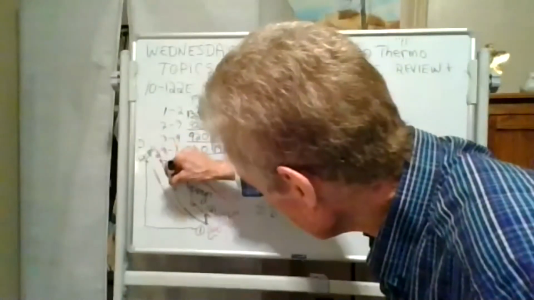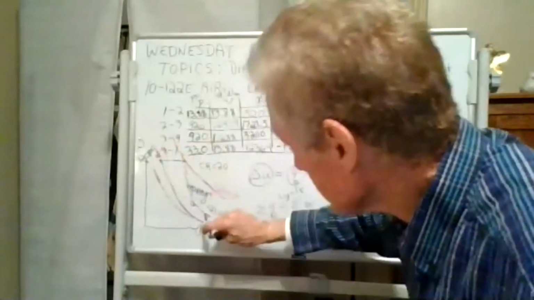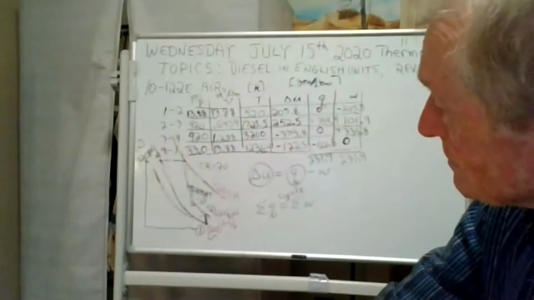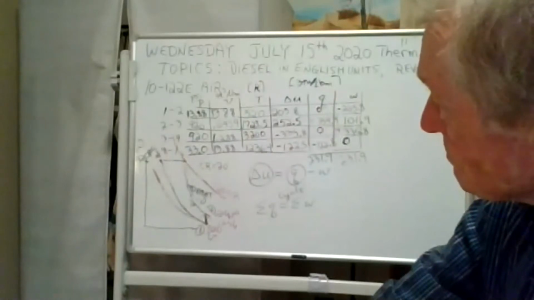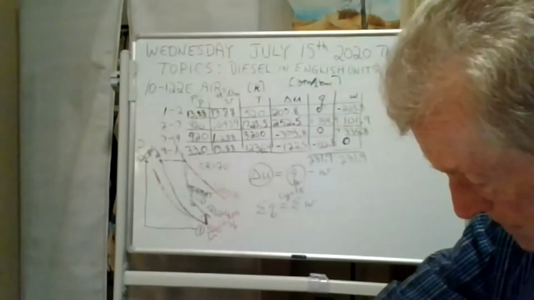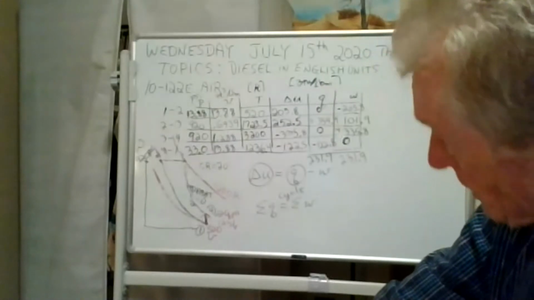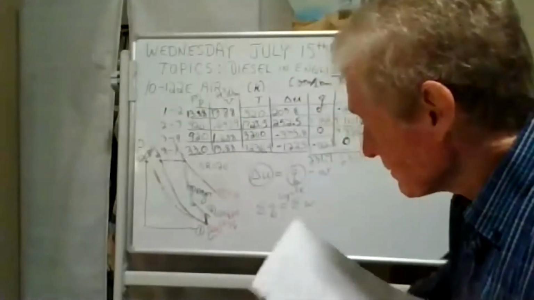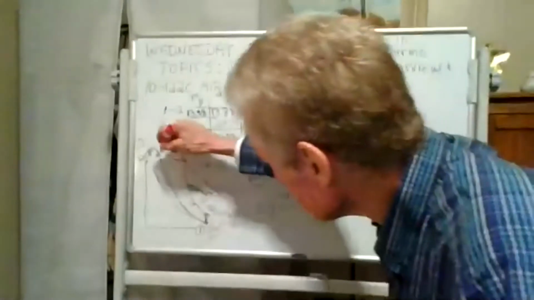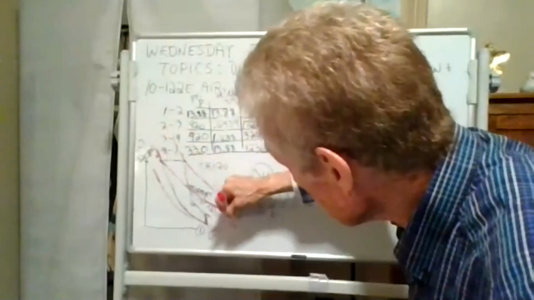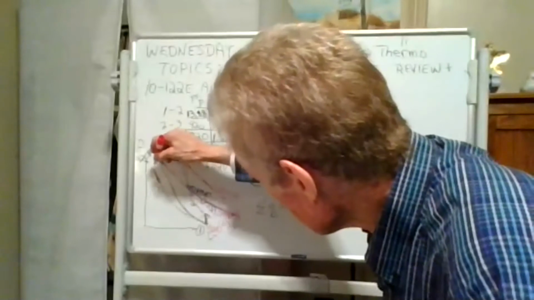You probably can't read this anyway, it's so messy. State 2 is hotter than state 4. Okay, well, that must mean that it does this. And state 4 has to do this.